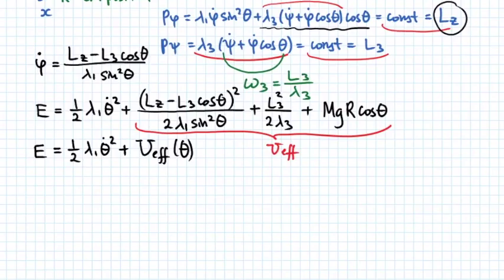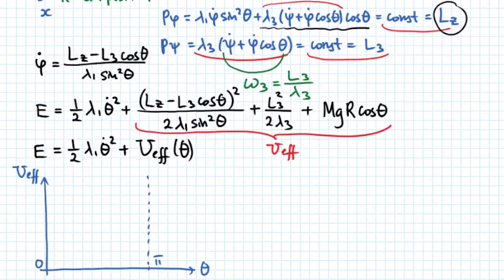If you plot the effective potential, you will discover that it looks as follows. Theta changes from 0 to pi, and the effective potential will look like a bathtub curve, something like this. Full energy E, let's say it's given by this line.